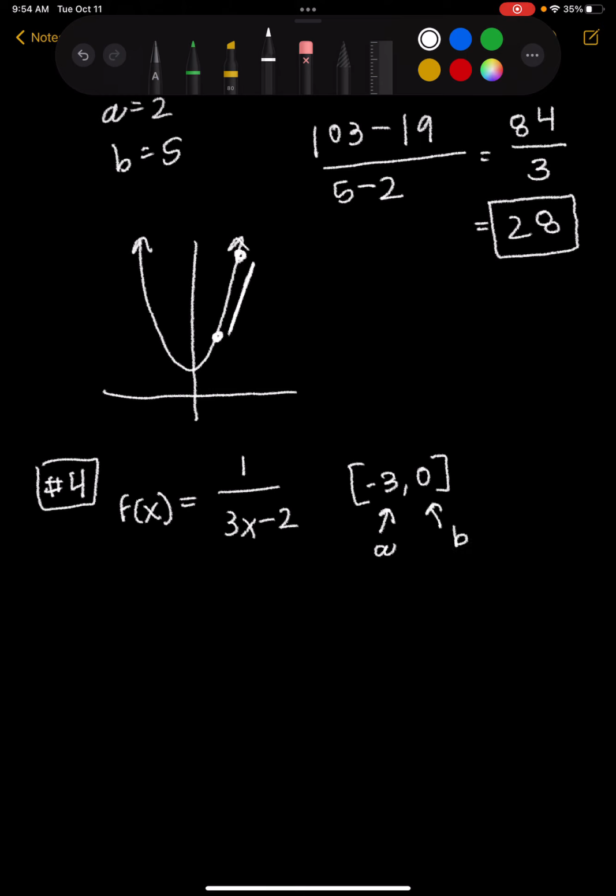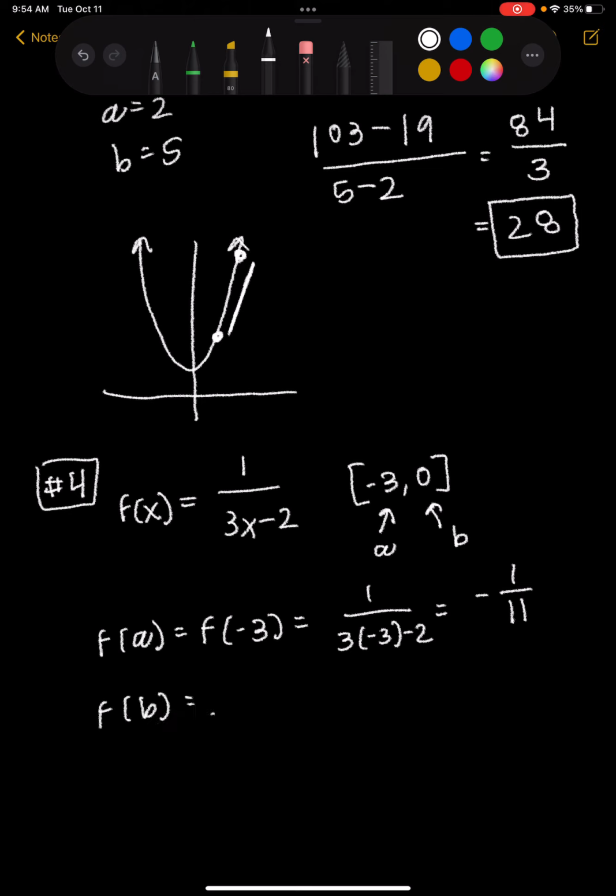And so if I want to find f of a, I would find f of -3, which means that's 1 over 3 times -3 minus 2, which is equal to -1 over 11. And then f of b equals f of 0, which is 1 over 3 times 0 minus 2, which is -1/2.